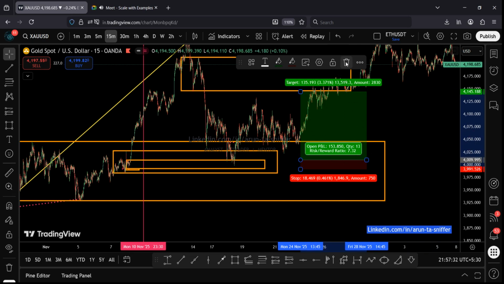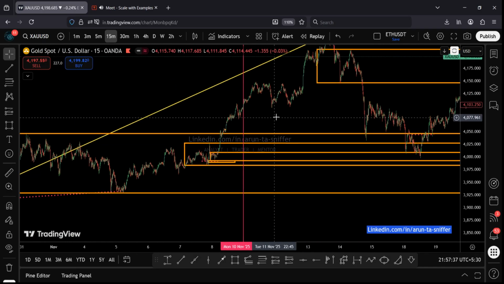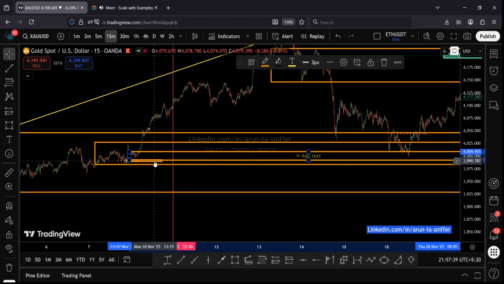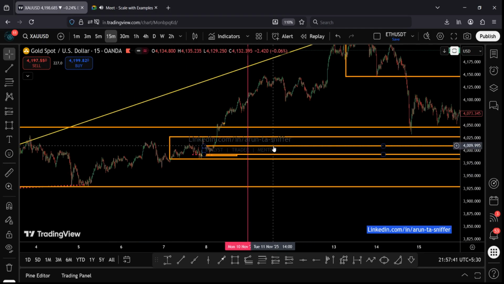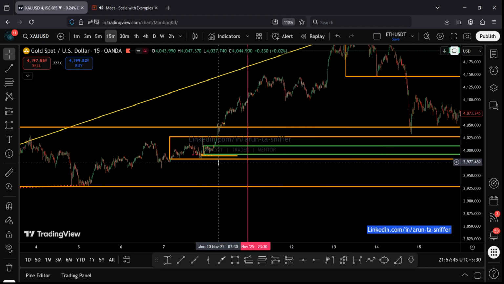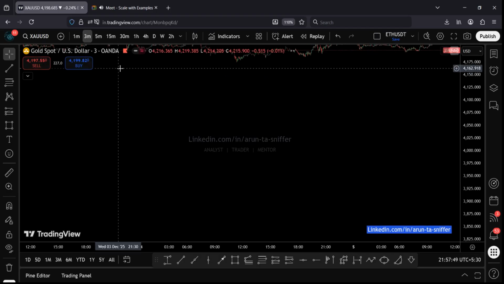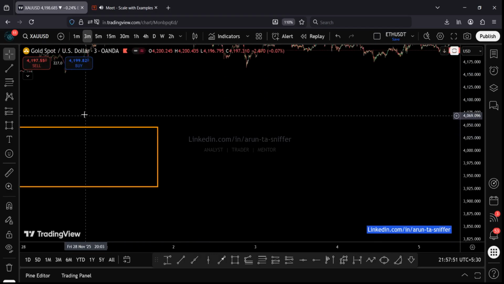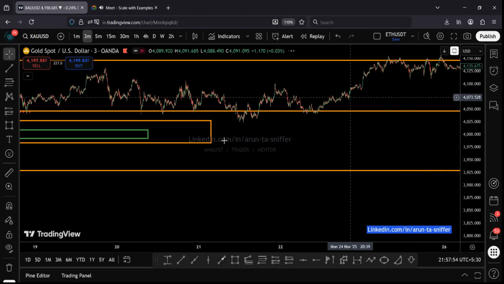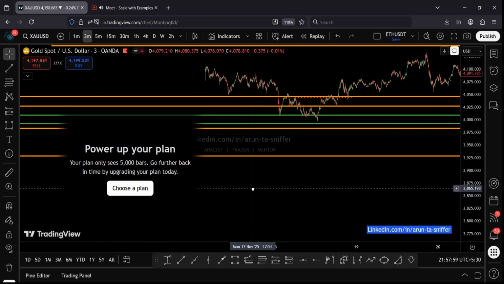Now if you want to increase it much more, what will we do? We will go to the lower time frame again and refine this zone. Let's change this color like this. We are going to the 3 minutes time frame, oh, we don't have data.